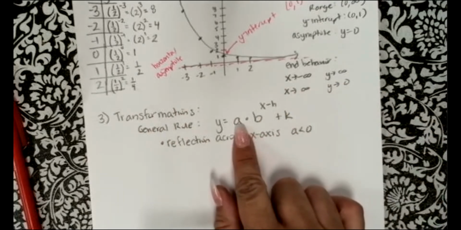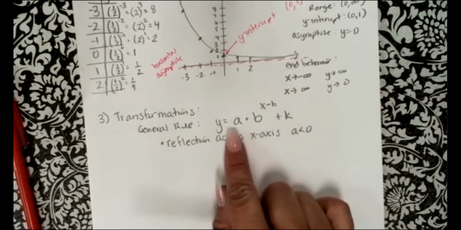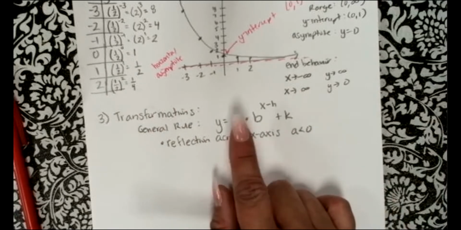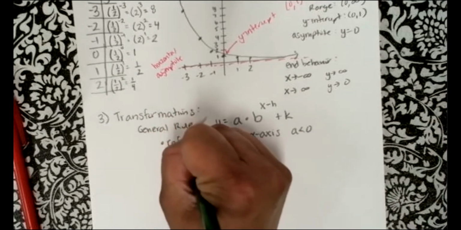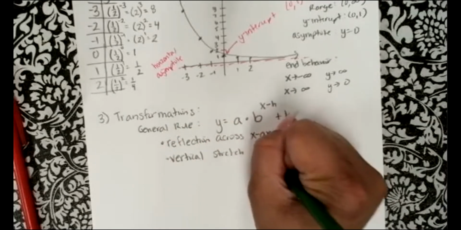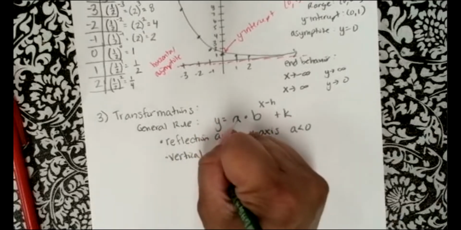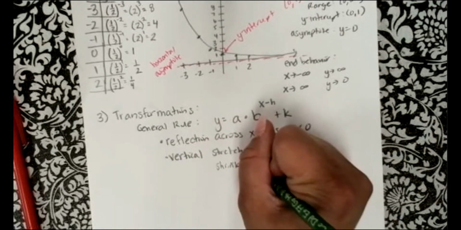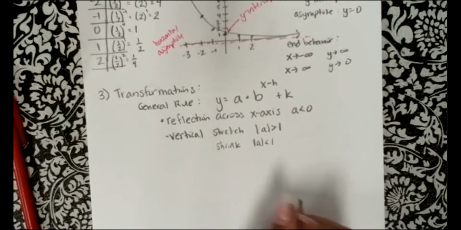If a is less than 0, meaning it's a negative. Now, keep in mind on the a value, if we're going to have a vertical stretch and a shrink, it's a stretch if the a value is greater than 1, the absolute value of it, and it's a shrink if it's a number between 0 and 1, which means it has to be less than 1, the absolute value.